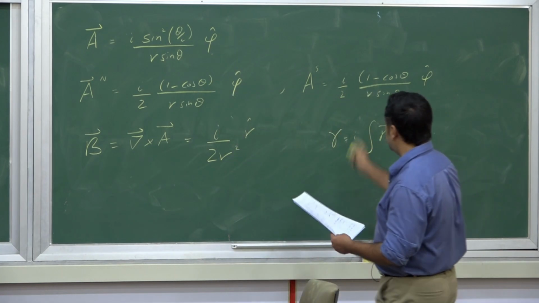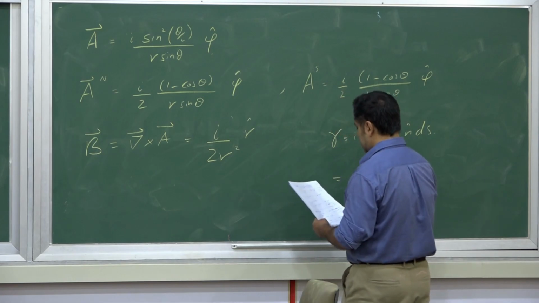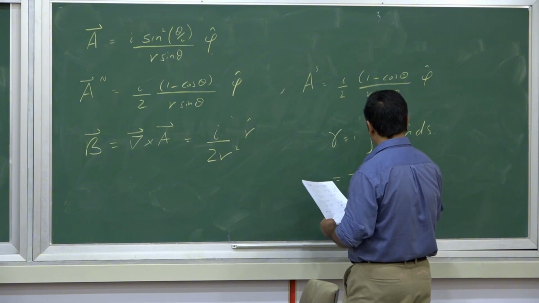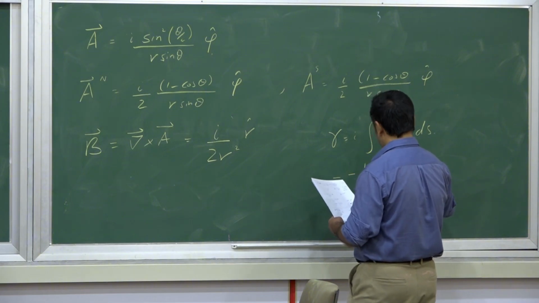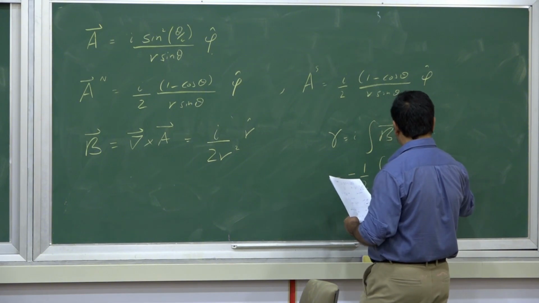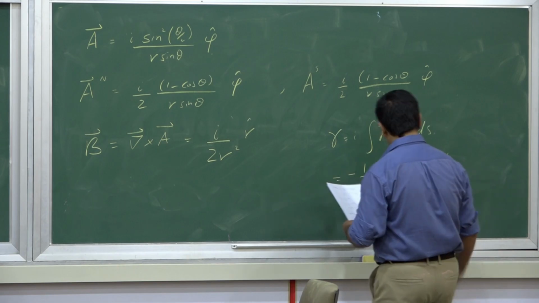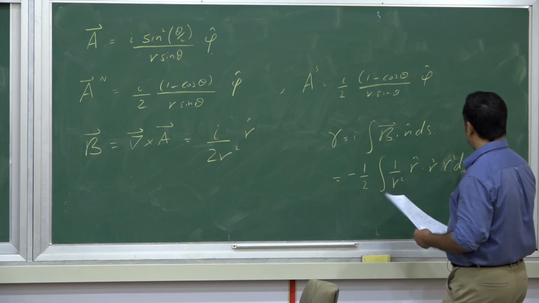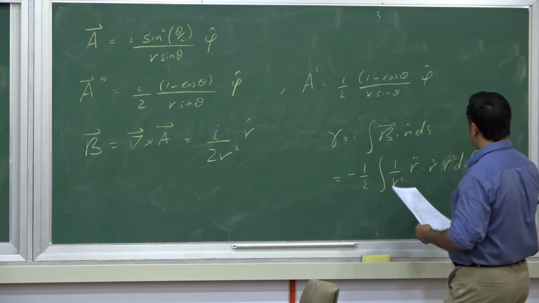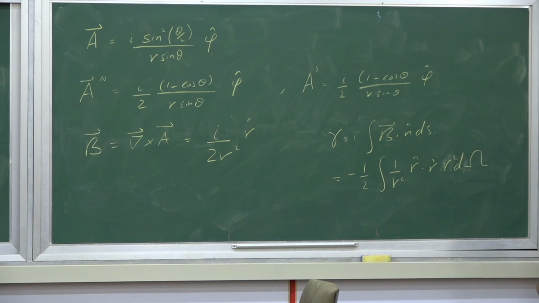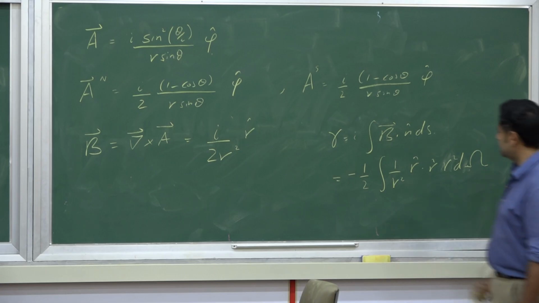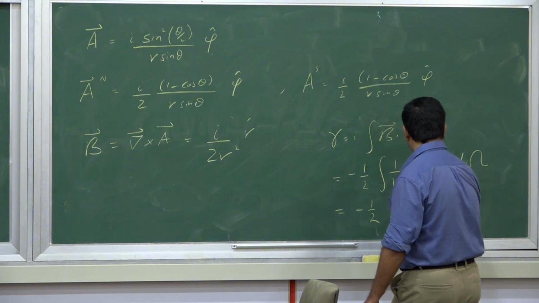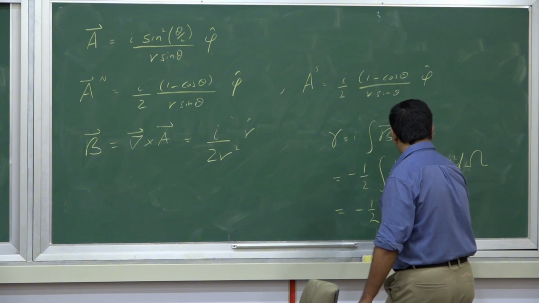So if I plug it in, I get minus half R squared, this is the area element for the sphere, and I get half.